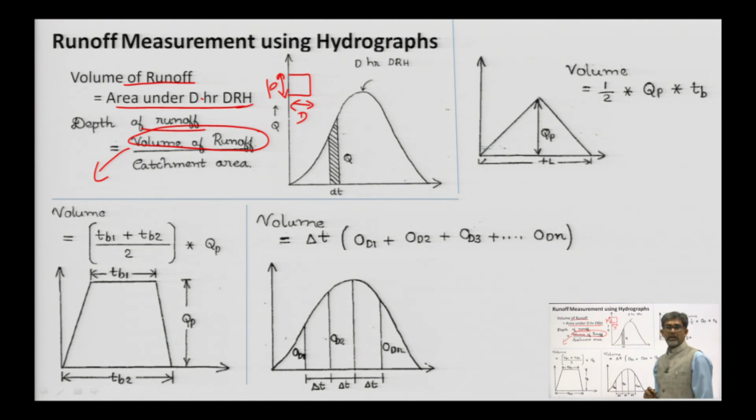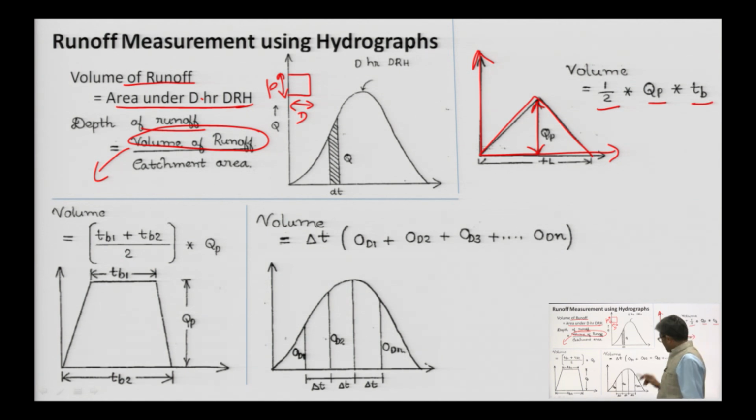How will we calculate the volume of runoff? Say if we have a triangular shape, if our hydrograph is triangular, then its volume will be half times the peak QP times the base time TB.